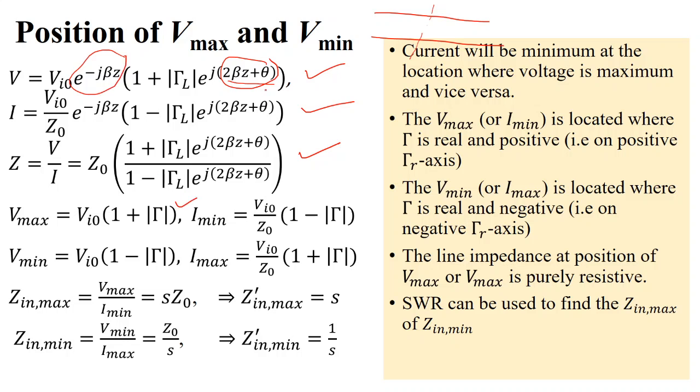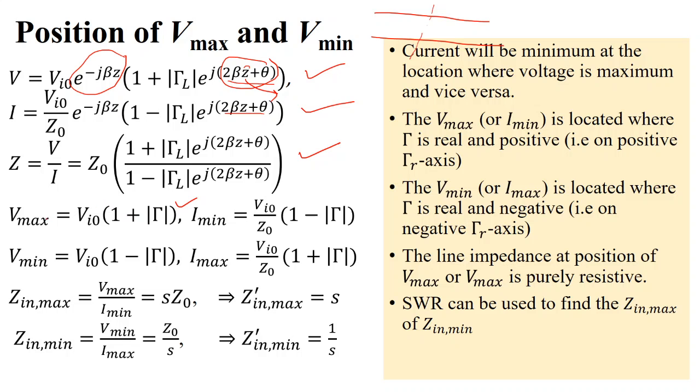This will occur when this total phase is 0. At the location where this phase becomes 0, the voltage is maximum, while at the same position the current will be minimum, and the current is given here. When you put this phase to be 0, this will become 1 minus gamma L.